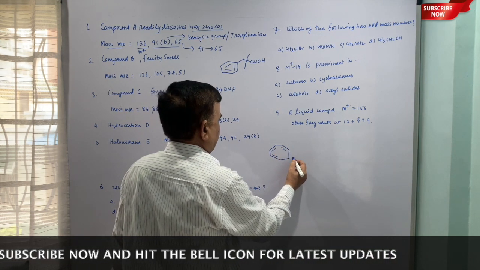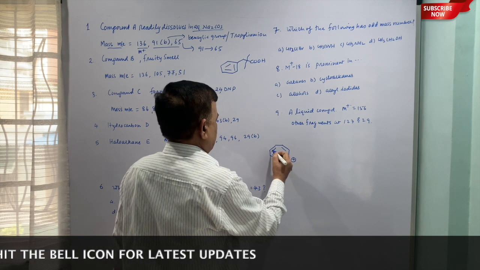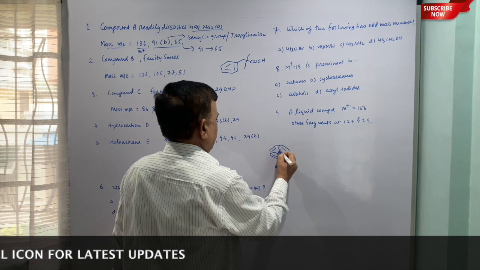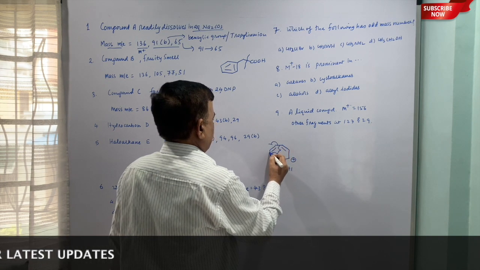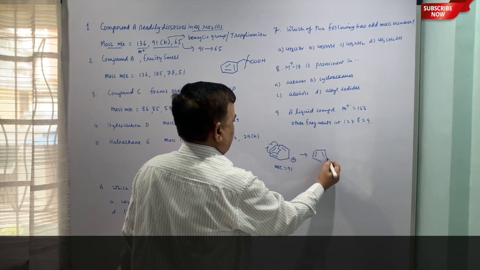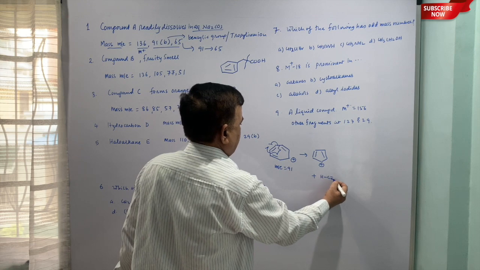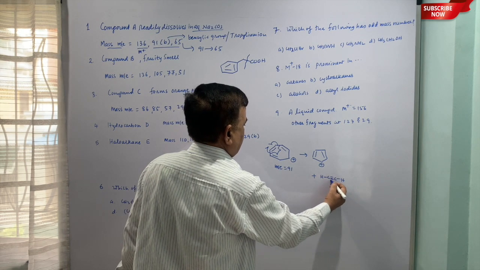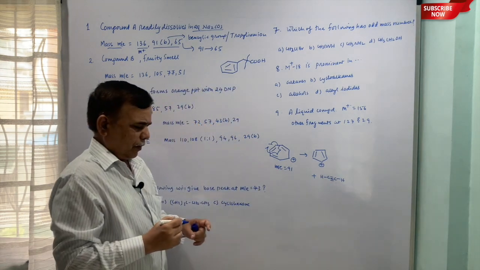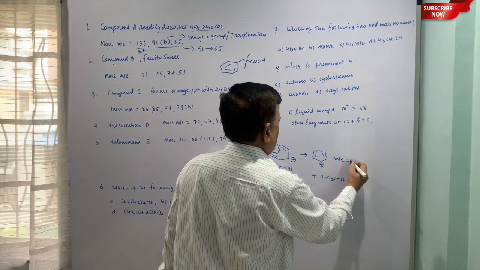So this is 91, and this can form the cyclopentadienyl cation, plus a neutral fragment, so this is m/e equal to 65.